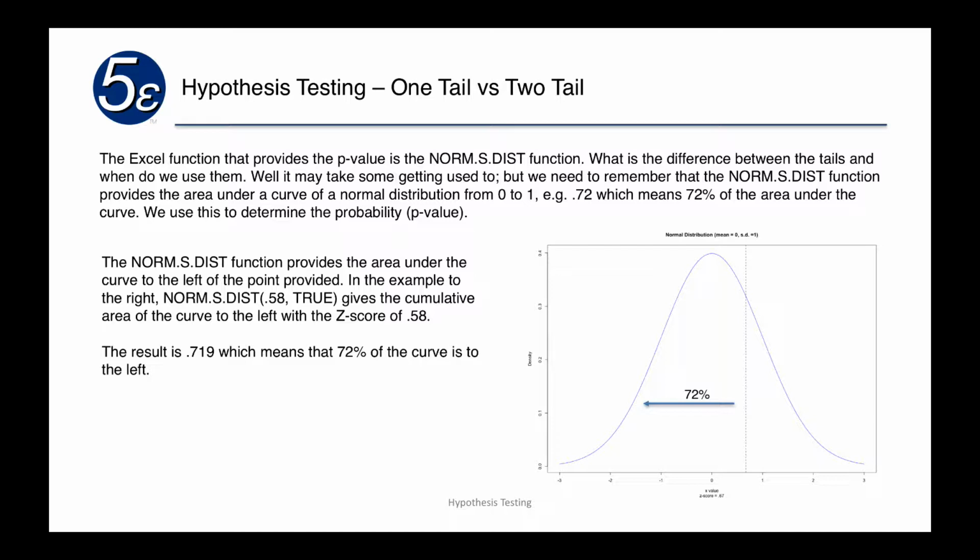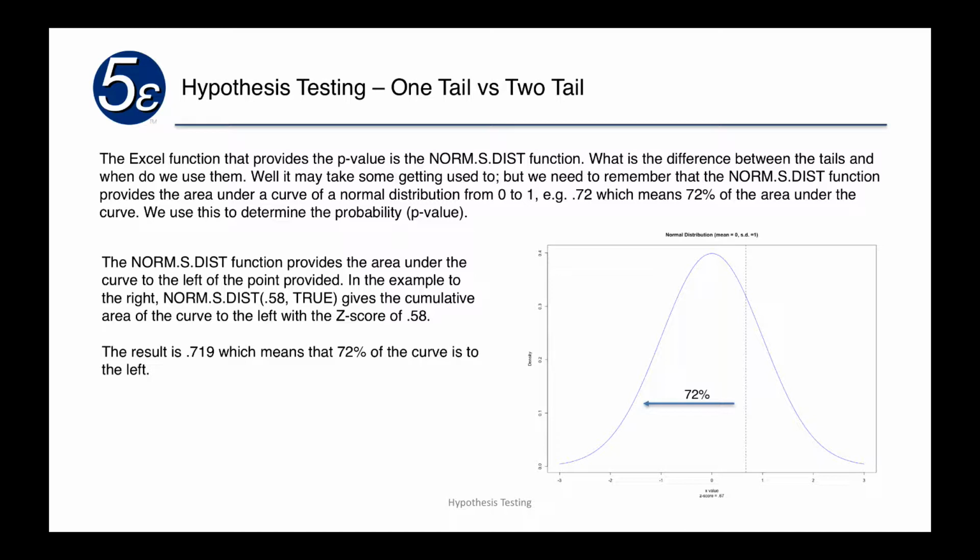But here, remember that the NORM.S.DIST function provides the area under a curve of a normal distribution. Okay, the full area will be from 0 to 1. So 0.72 means that 72% of the area under the curve falls from that point to the left. So the function provides the area under the curve to the left of the point provided. Now, in the example to the right, where it is for 72% of the curve, we would want to find the z-score.